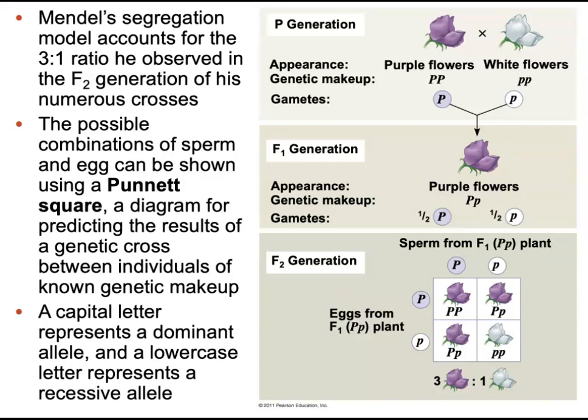Remember, we called these P generation individuals true breeders. All true breeders are homozygous. Crossing the two different true breeding flowers created a hybrid flower in the F1 generation. It is a hybrid because it is heterozygous. It contains one copy of each allele. Therefore, heterozygotes are not true breeding.